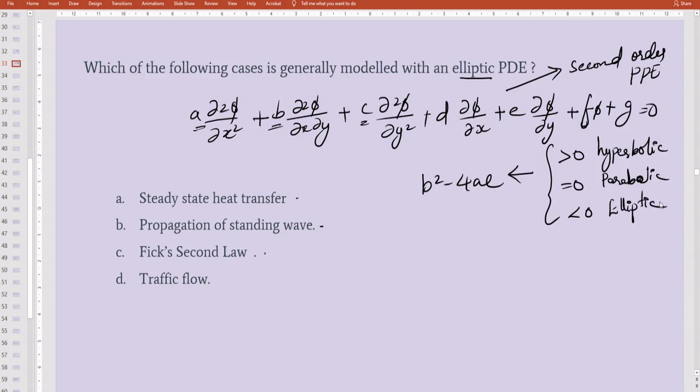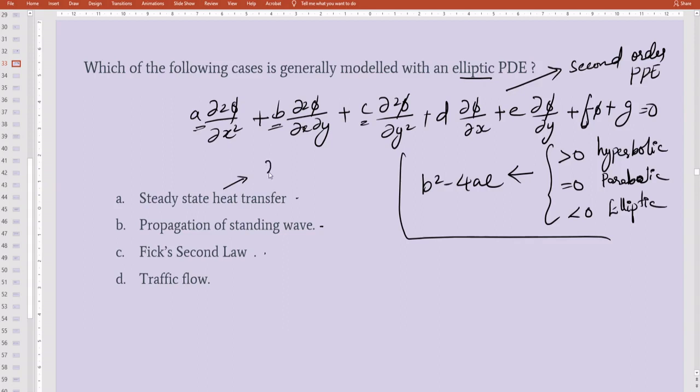So here the question is about how we can identify an elliptic PDE. For that we have to find how these conditions are modeled. Steady state heat transfer, as we have seen just before, the one-dimensional steady state heat transfer in the previous question.